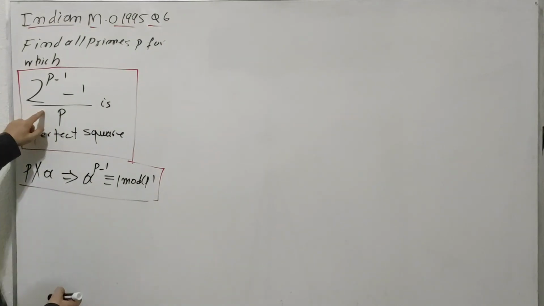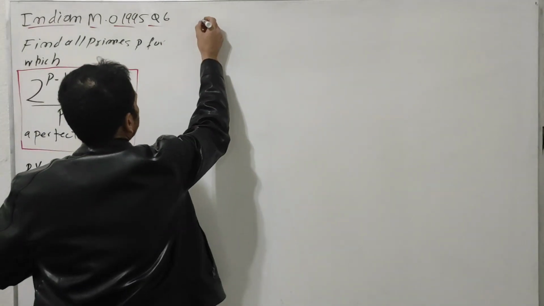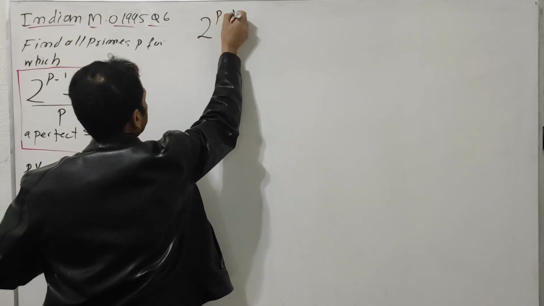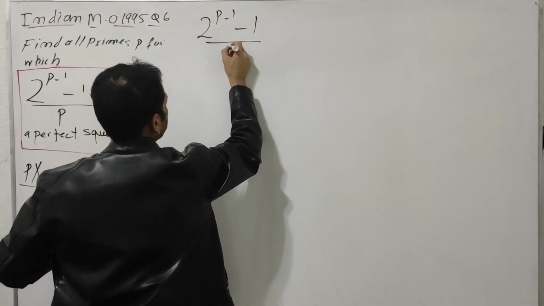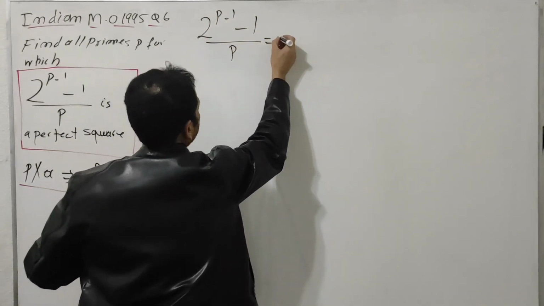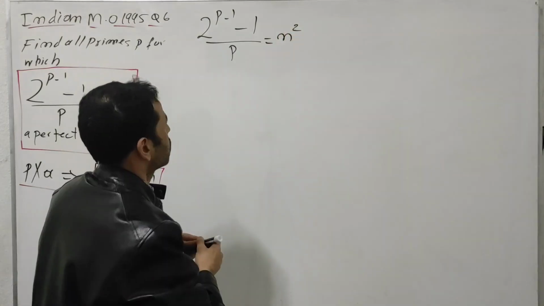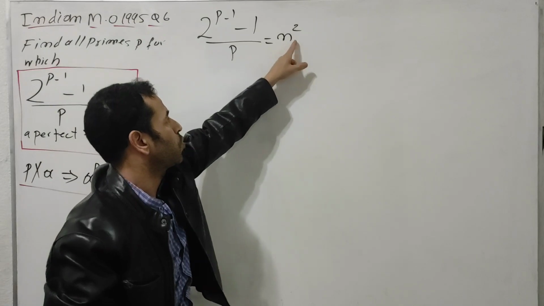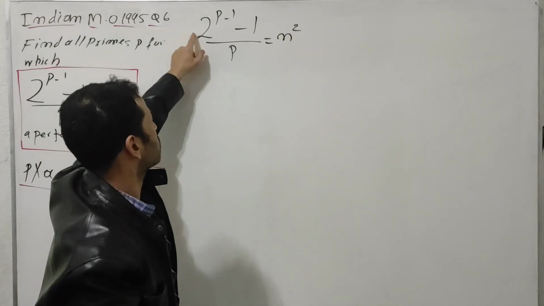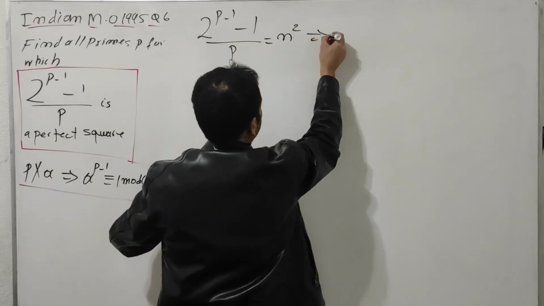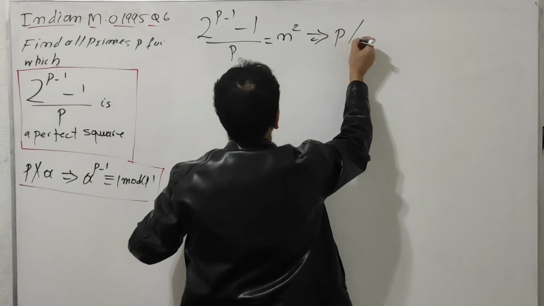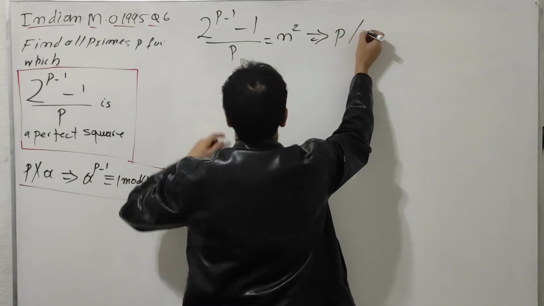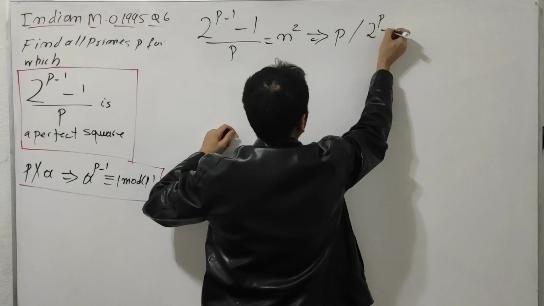In order for this to be a perfect square, we need 2 to the p minus 1 over p to equal n squared, for example. Since the left hand side is n squared, an integer, p divides 2 to the p minus 1.